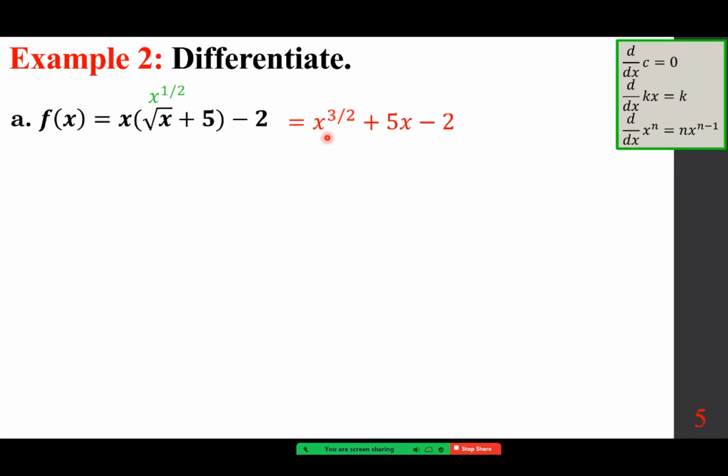So this becomes 3/2 x to the power of 1/2. And this gives us 5. This goes away, becomes 0. And since it was given in this format, we put this back into the format of a square root: 3/2 square root of x plus 5.